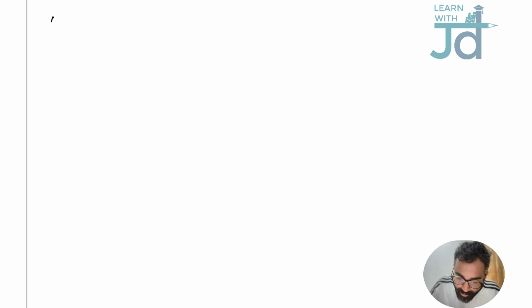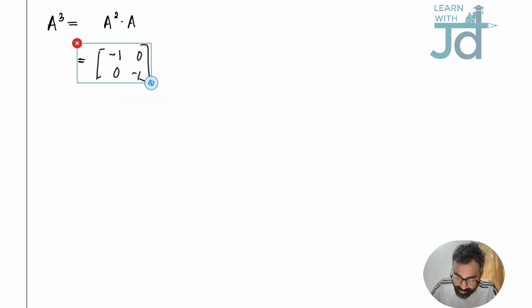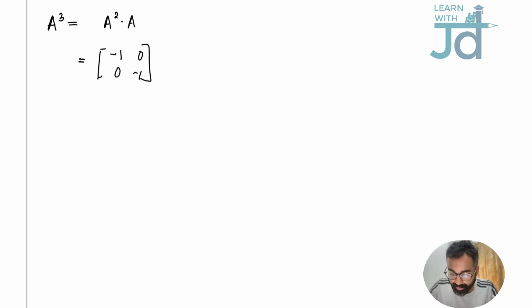Okay. So A cube, you can write it as A square into A. Right? Now A square, I have just copied it actually. So why should I simply write it? Yes, I'll merge that to equal to. And this is [i 0; 0 i], isn't it?